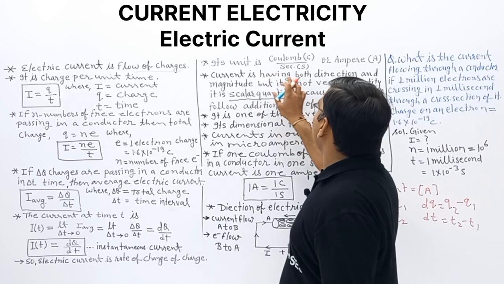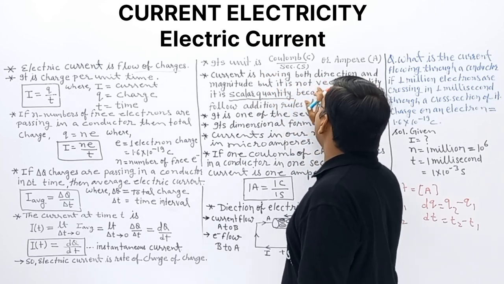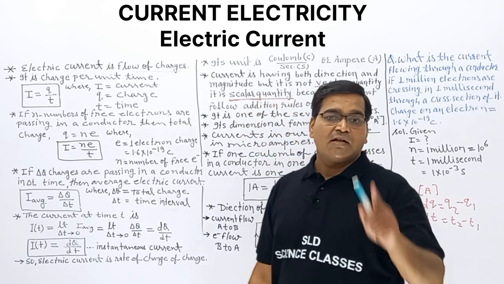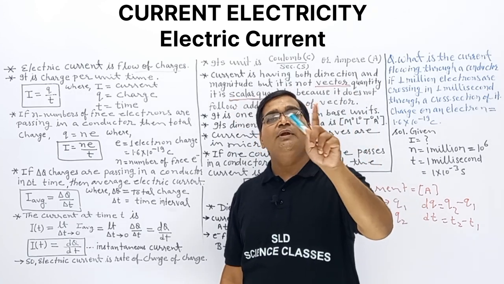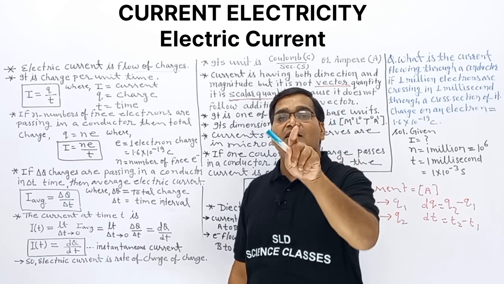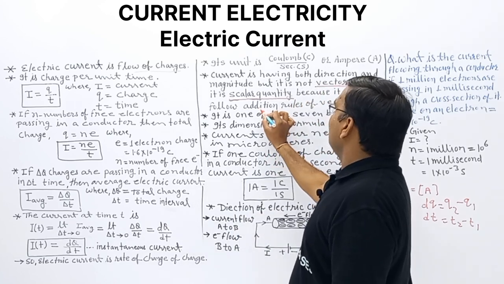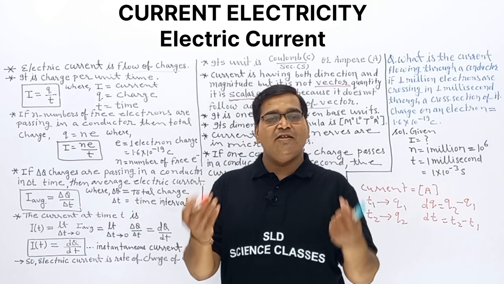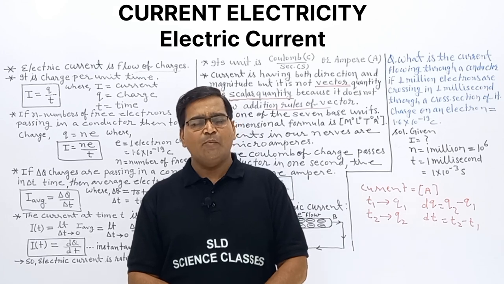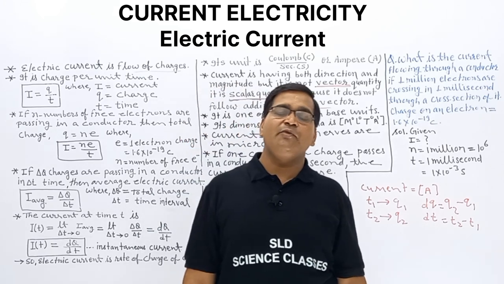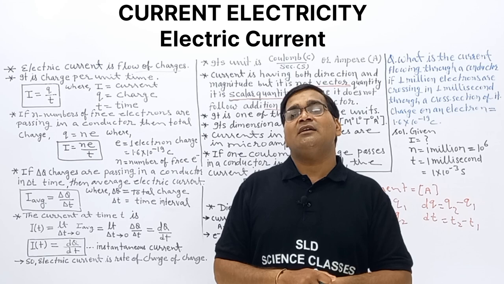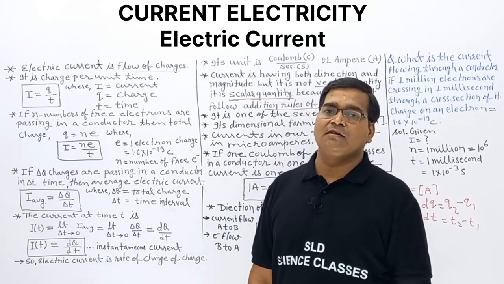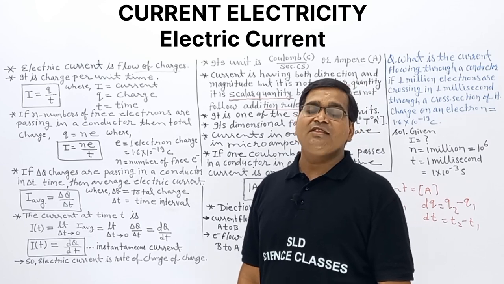But current has both direction and magnitude, yet it is not a vector. It is a scalar quantity. Why? It does not follow the addition rule of vectors. In motion in a plane in 11th standard, we studied the addition rules of vectors. So electric current does not follow the addition rules of vectors.